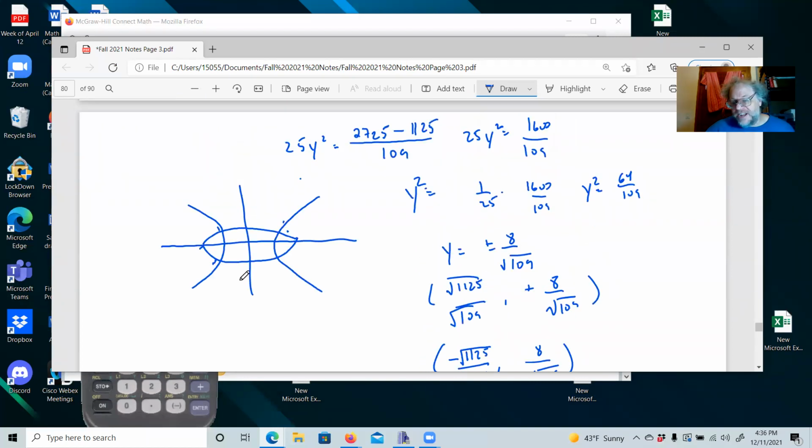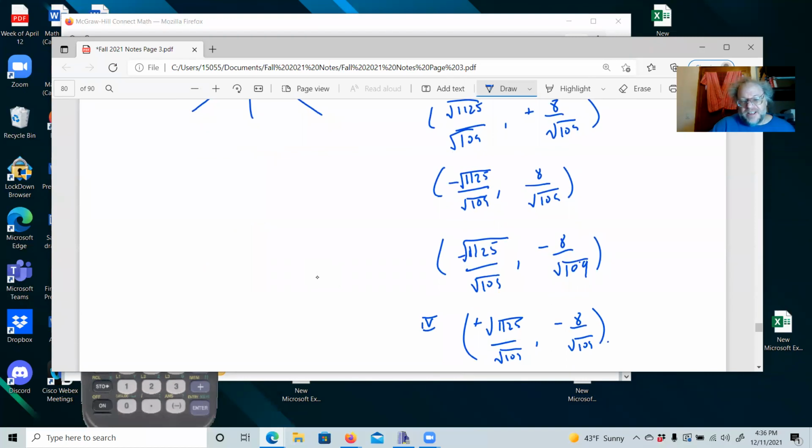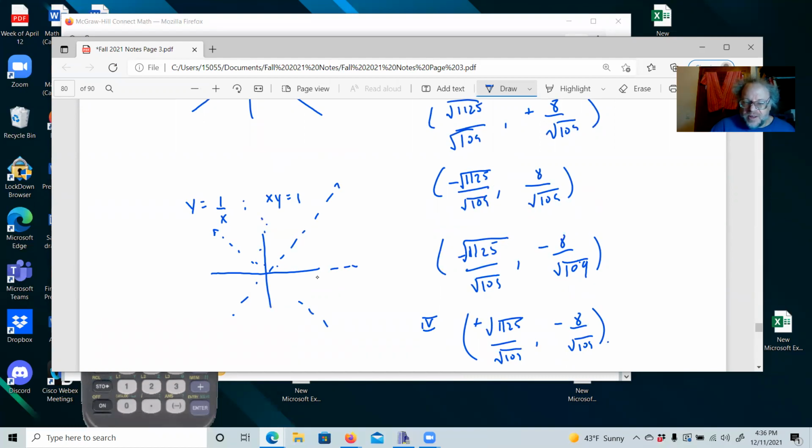If you have xy terms in here, like 1 over y is equal to 1 over x, this is xy is equal to 1. This is technically a hyperbola. This is my axis. We have our asymptotes here, one little box here.